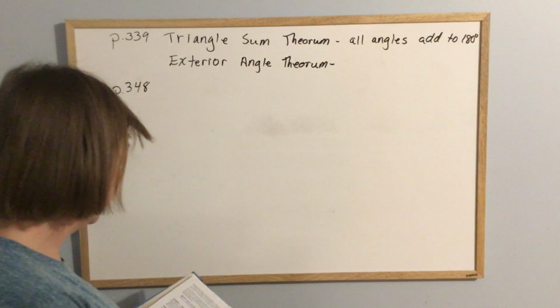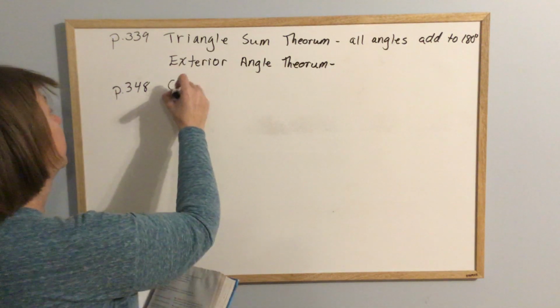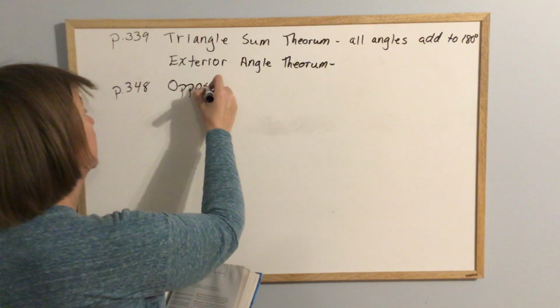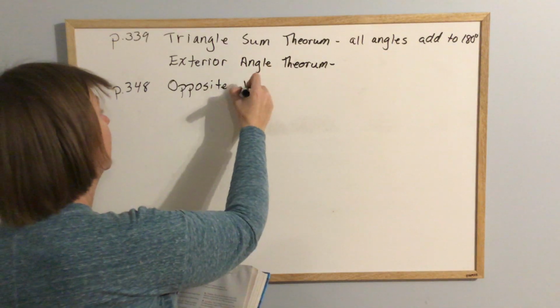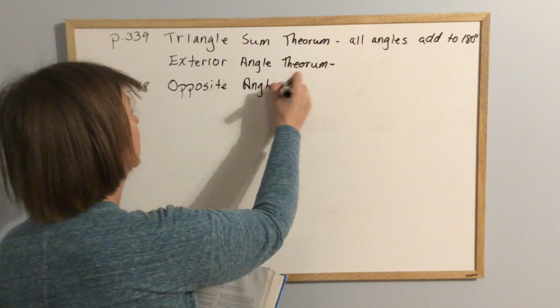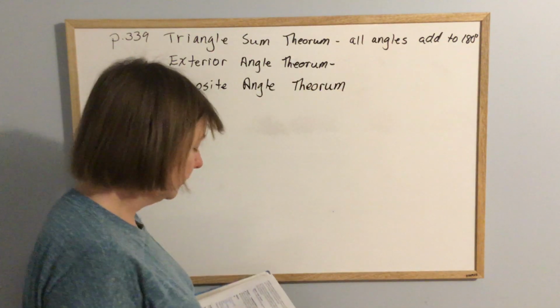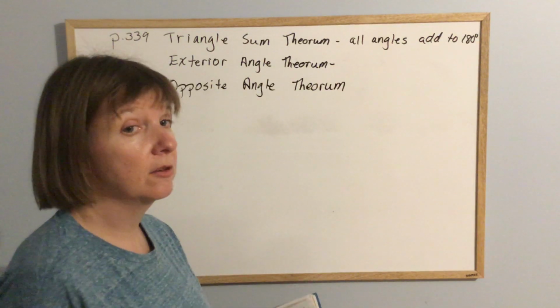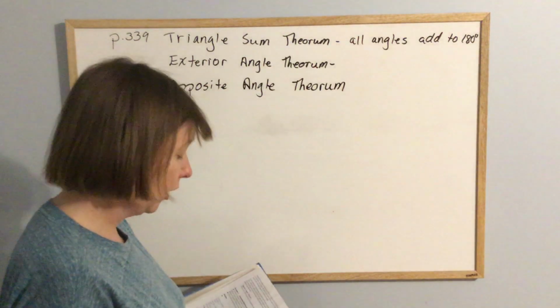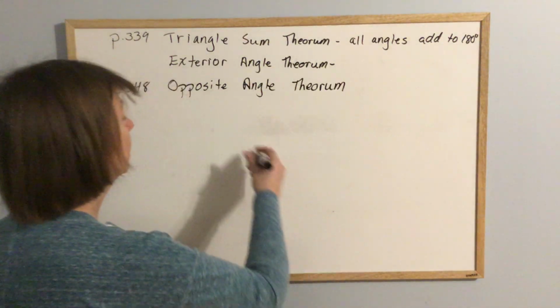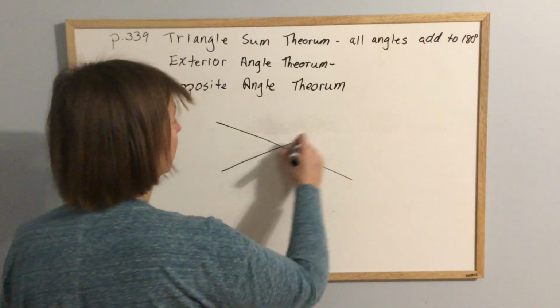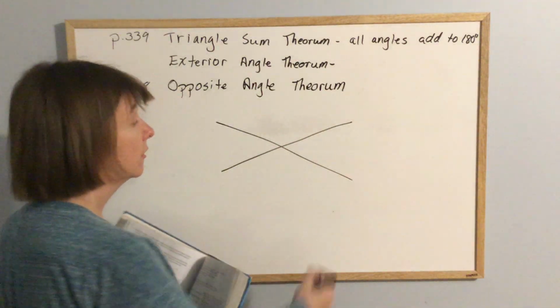where they give you another theorem, which is the opposite angle theorem. The opposite angle theorem says when two lines intersect, when two lines cross, the opposite angles are equal. So I have a line here and a line here. They cross.